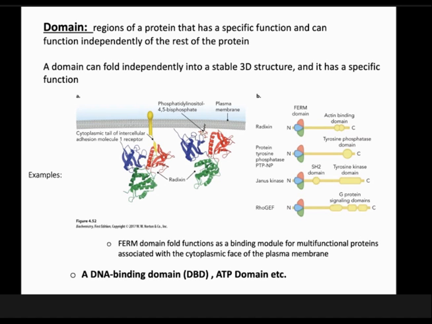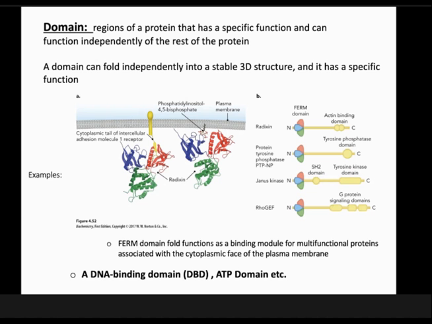We have the ATP domain. Enzymes that are kinases have the ATP domain, meaning they have a segment specifically involved in ATP. For example, kinases transfer a phosphate to another protein. Okay, that's the difference.